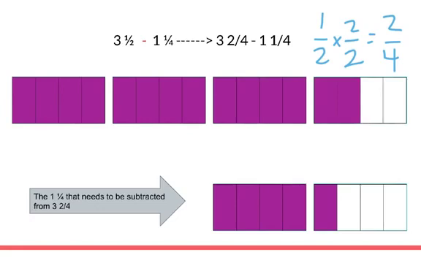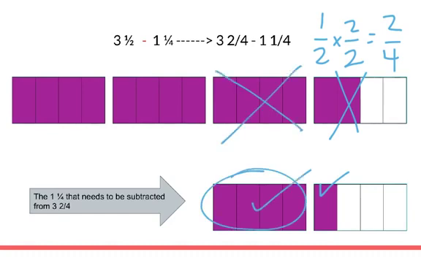I like to subtract my fractions first, just in case I end up in a situation where I might need to regroup, and we'll get into an example of that in a moment. So I have my 1/4 that I'm going to cross out or subtract, and then I need to subtract 1 whole. So I'm going to cross that off here.